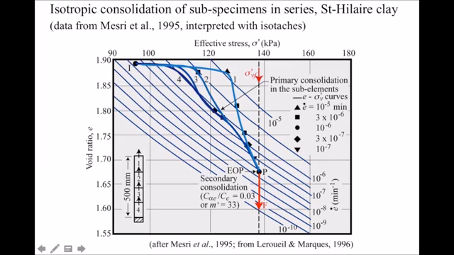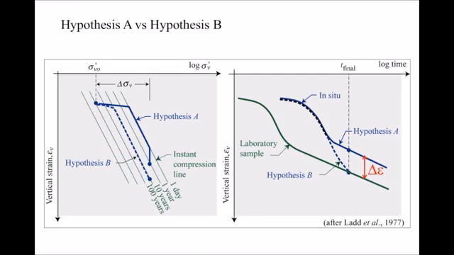So this is consistent with the strain rate model. Another aspect which has been discussed a lot is to know what happens if we have clay layers of different thicknesses. And this problem has been raised by Ladd et al.